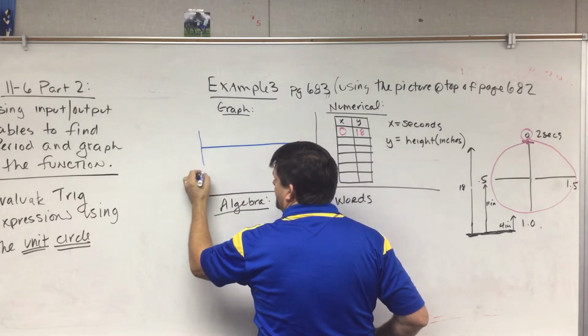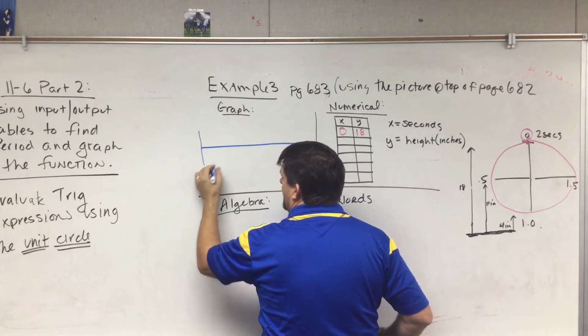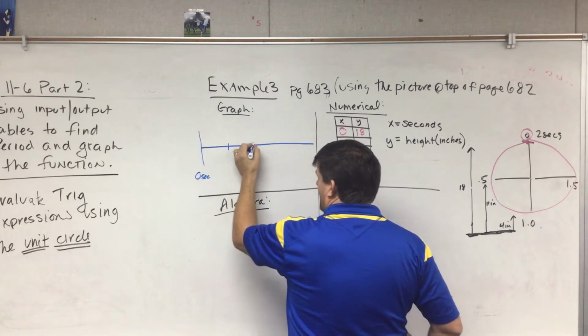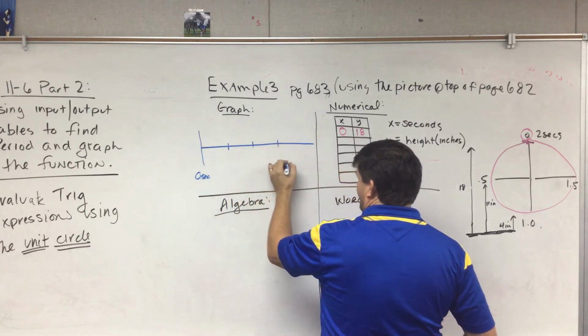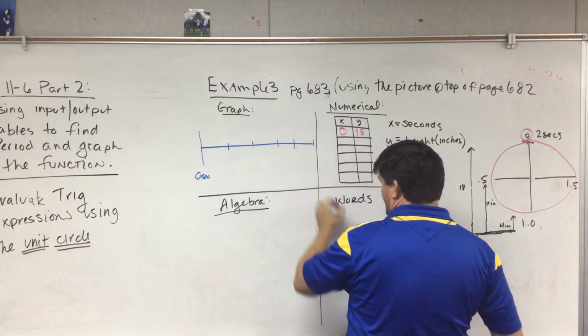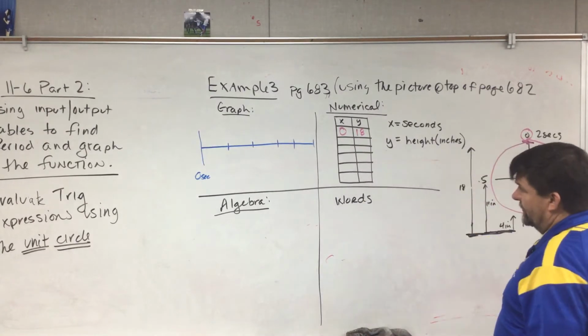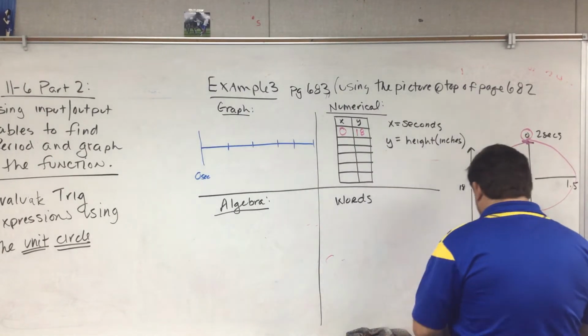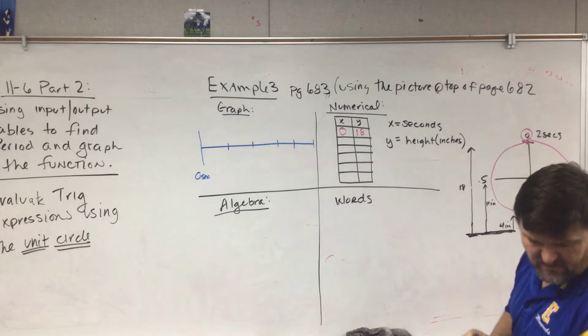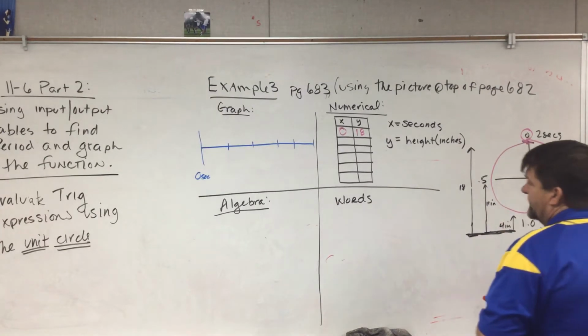I'm going to start at 0 seconds. And I'm going to go 0.5, 1, 1.5, 2, 2.5. You can go to 3 if you want. It doesn't really matter, but I think they go to 3 in the book. Yeah, they go to 3. But you'll see the pattern here.